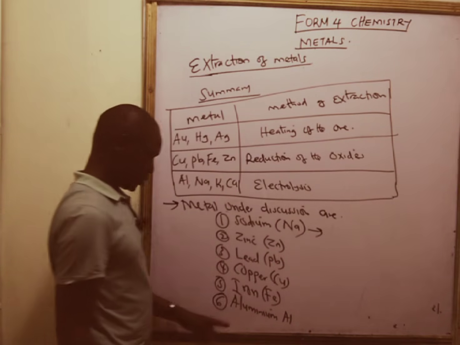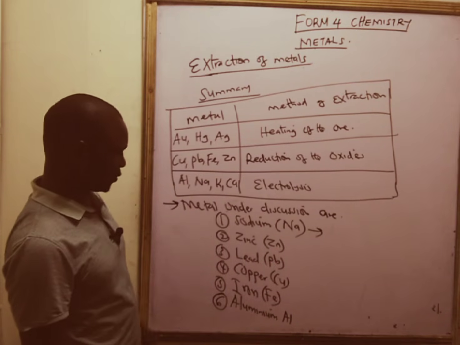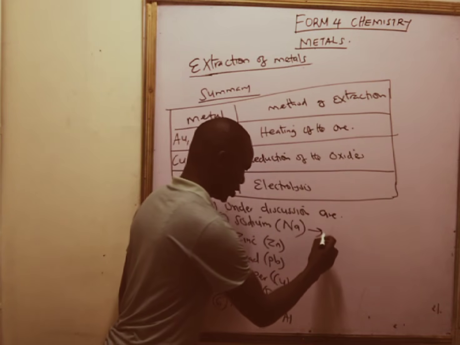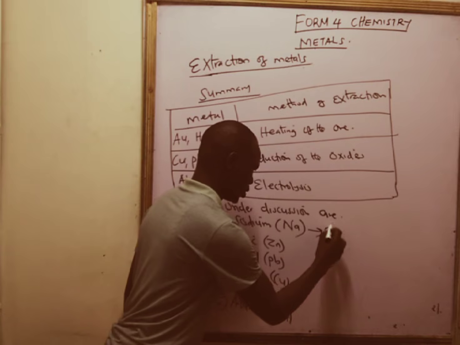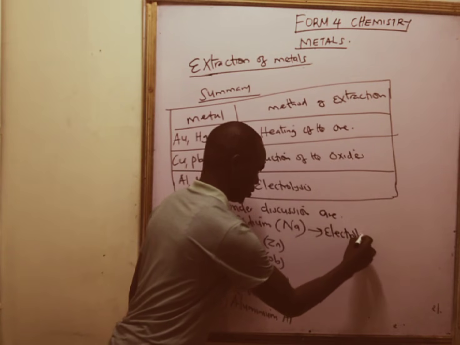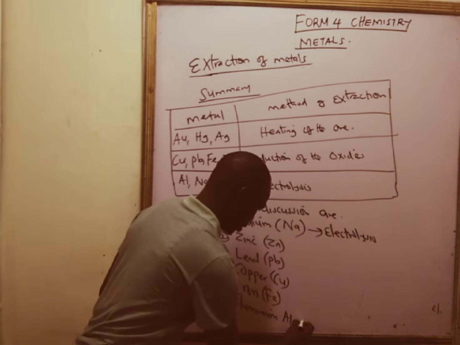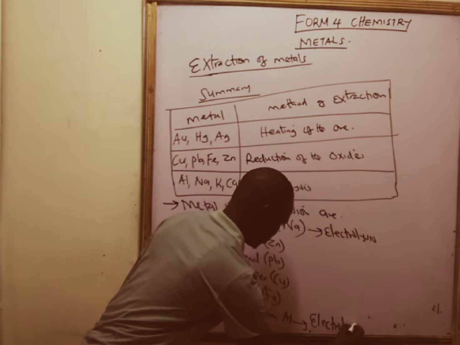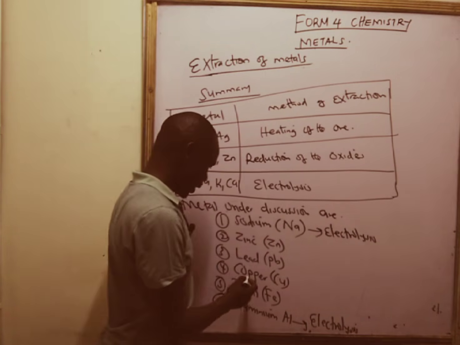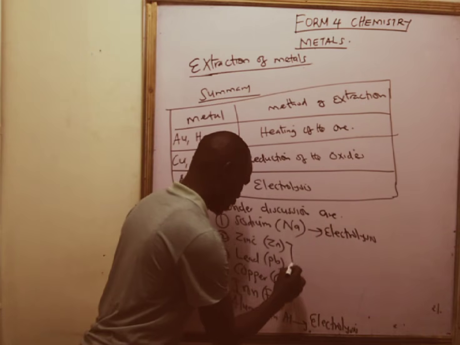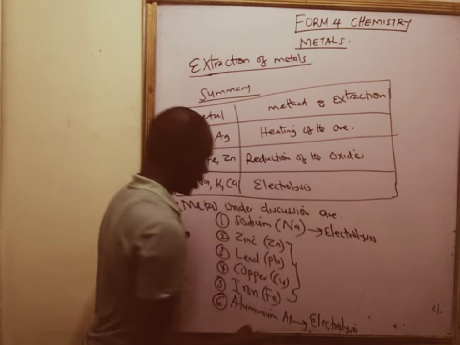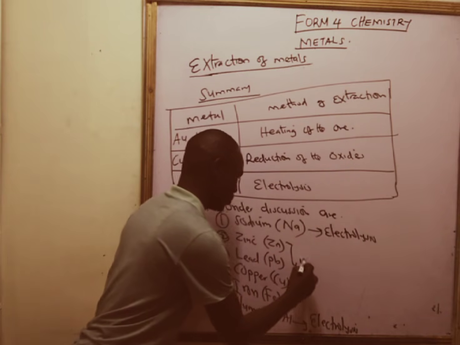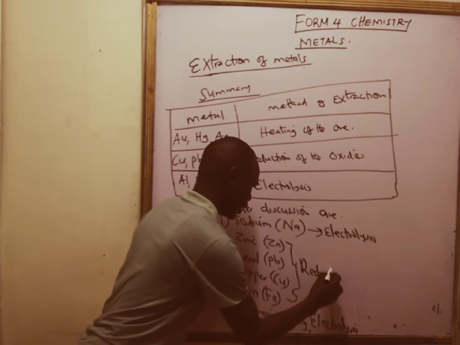Remember, sodium and aluminium are very reactive elements, and therefore the two are going to be extracted using electrolysis. Then of course, zinc, lead, copper and iron are the elements which are found in the middle of the reactivity series, and therefore we are going to use reduction.